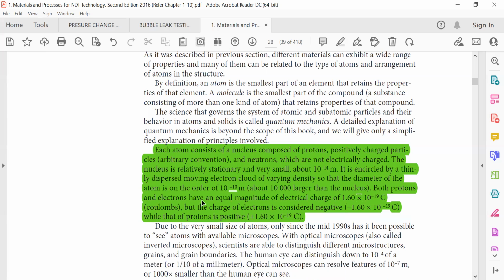Both protons and electrons have an equal magnitude of electrical charge, 1.6 times 10 to the power minus 19 coulombs. But the charge of electrons is considered negative, while that of protons is positive.